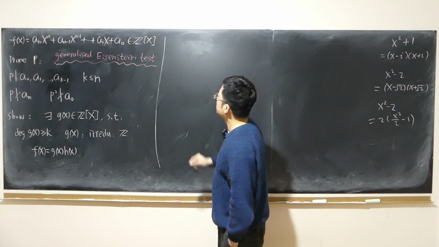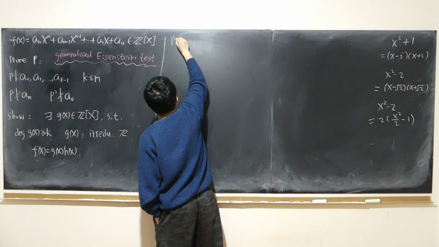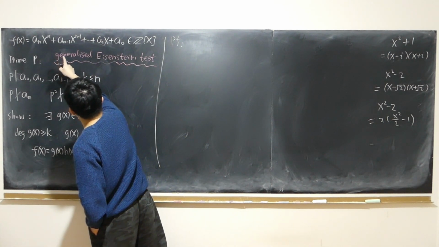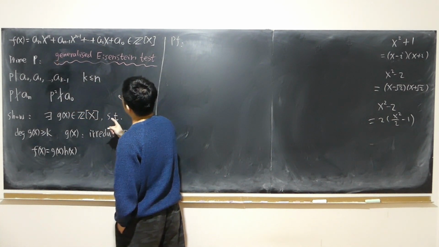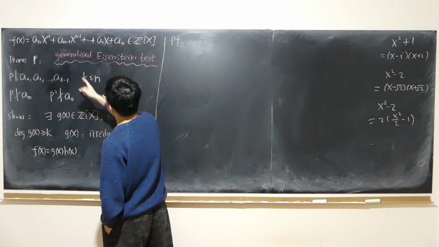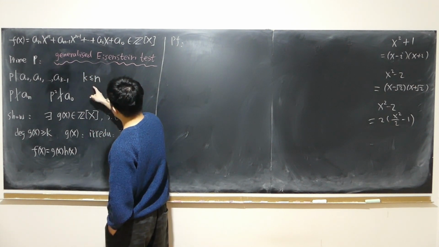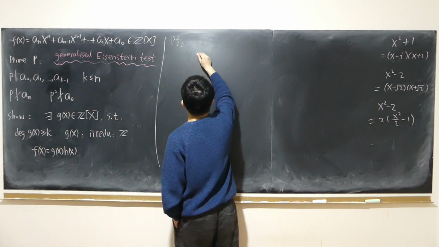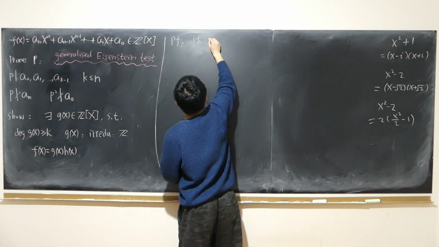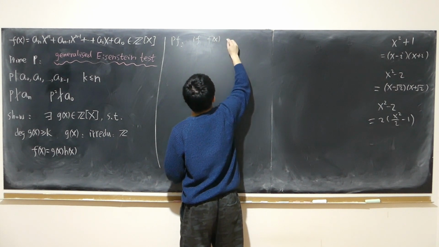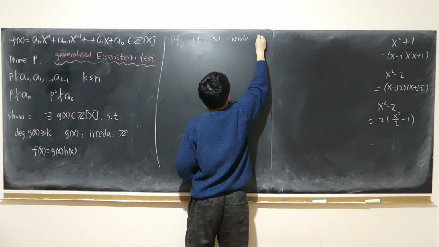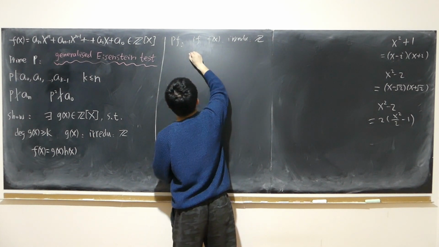If the polynomial is already irreducible over integers, then we're done, because the degree n is bigger than or equal to k. So if f is already irreducible over integers, then we're done.